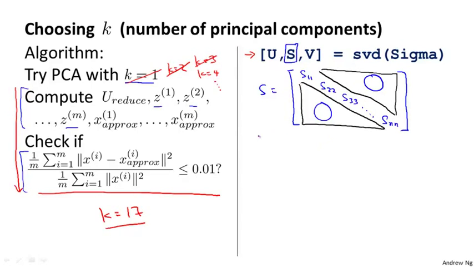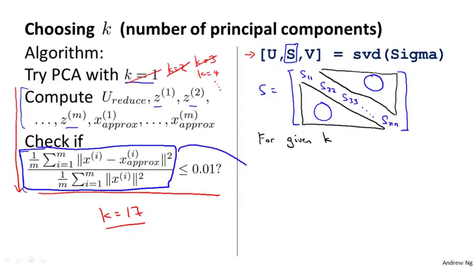And what is possible to show, and I won't prove this here, is that for a given value of k, this quantity over here can be computed much more simply, as 1 minus the sum from i equals 1 through k of Sii divided by the sum from i equals 1 through n of Sii.